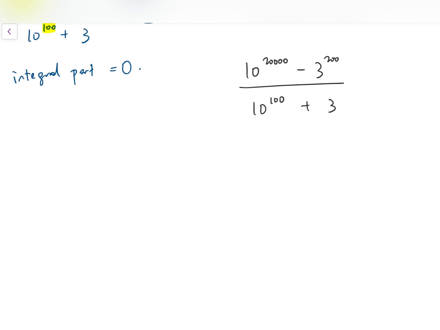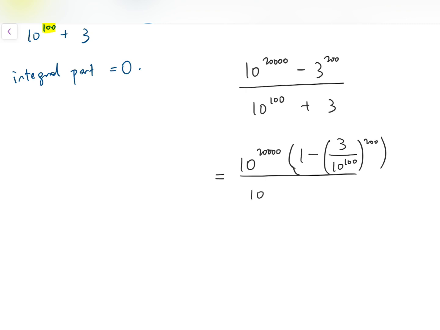To find the last digit, I'm going to do the following on this fraction. For the numerator, I'm going to take out 10 to the power 20,000. So I only have 1 minus 3 over 10 to the power 100, all to the power 200, inside the bracket. While for the denominator, I'm going to take out 10 to the power 100. So what remains is 1 plus 3 over 10 to the power 100.